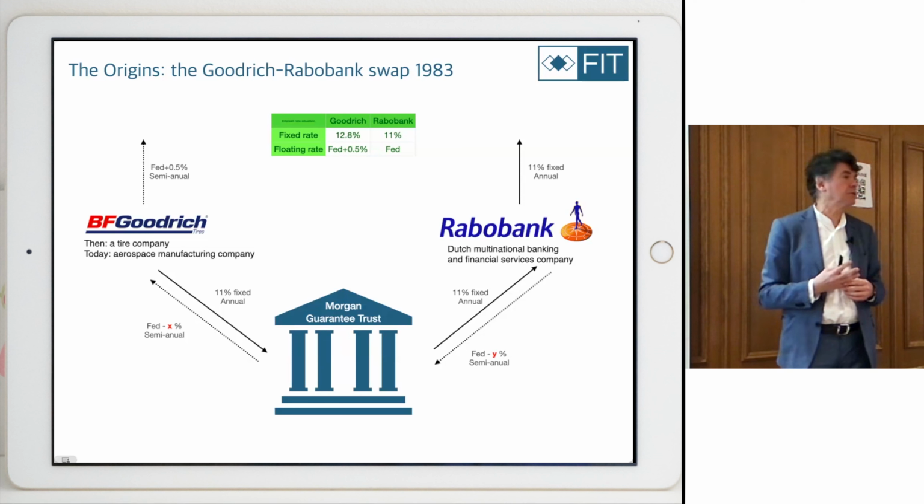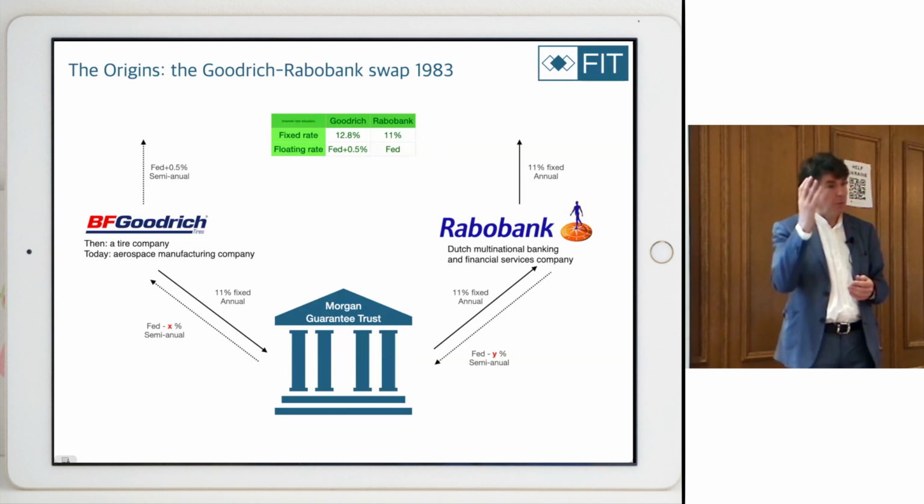Some of you may have a student loan. How does a student loan work? They're lending you money. How do they know you're going to pay them back? They don't. Who's compensating them for that risk? Someone is.